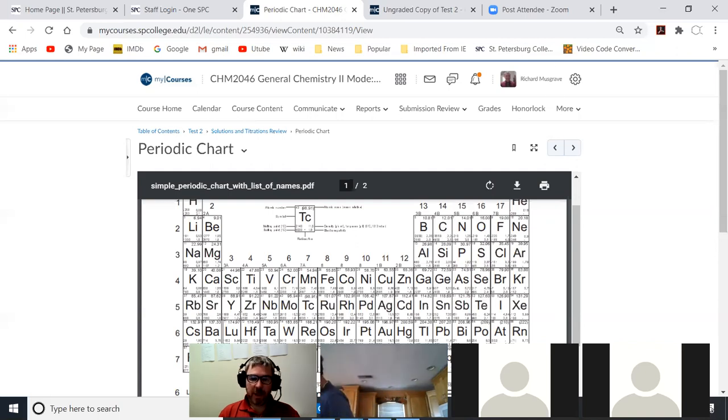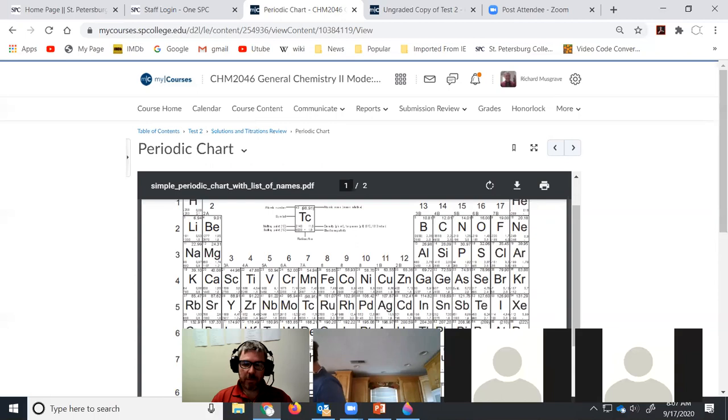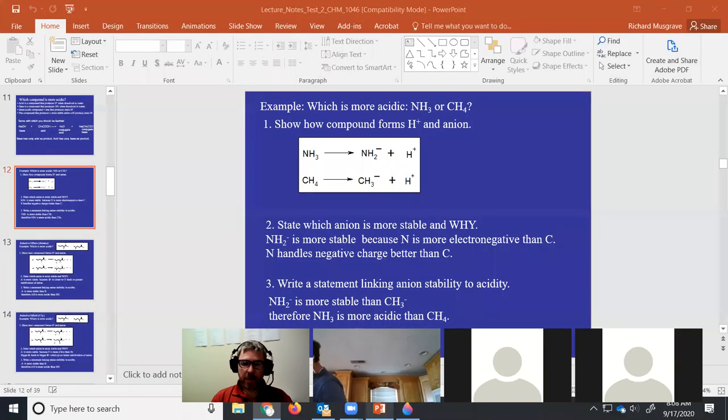Now, the point I'm trying to make here is that if an atom is more electronegative, it's going to pull the negative charge in closer to the nucleus. The nucleus is all positive charges, of course, it's all protons. So the nearer you can pull in the negative charge, the more stabilized it becomes.